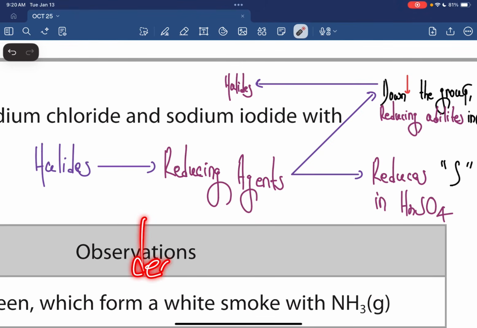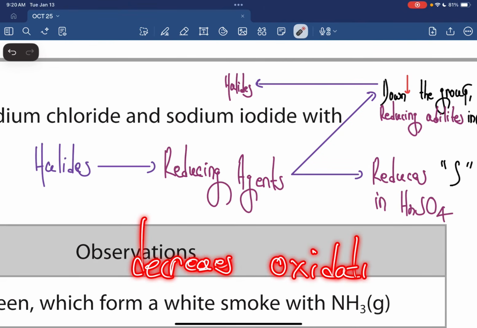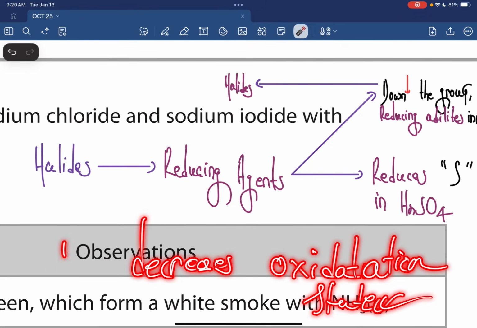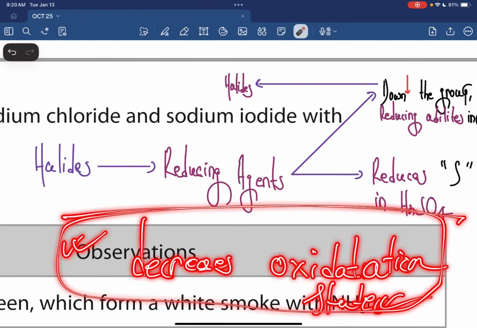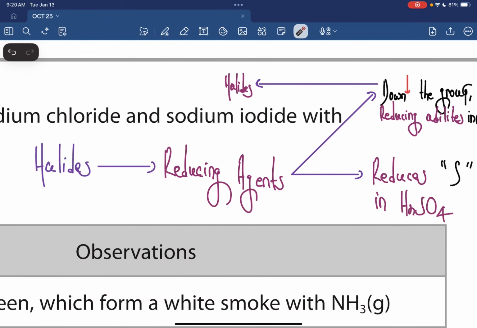They decrease the oxidation state of other substances. So suppose something is +5, they can make it +4 or +3 or something like that.